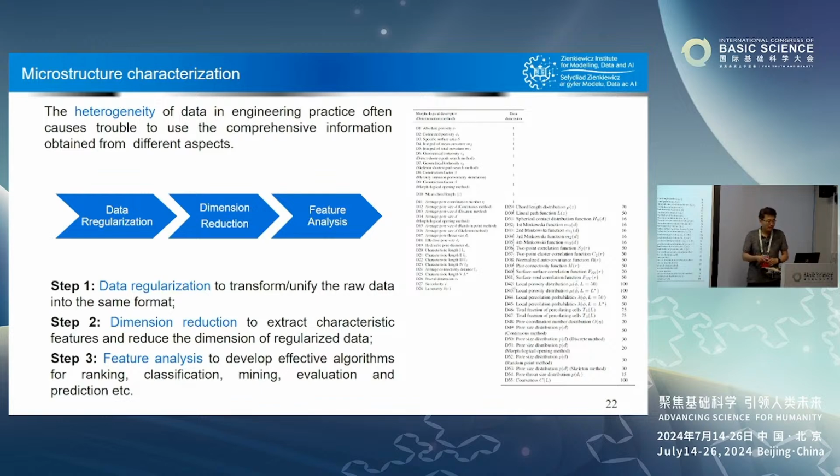When we realized this, we started to think, can we regularize the data set, meaning convert them to a uniform format? And if we manage to do so, we end up with a much larger data format, because this uniform data format has all these 150, 200 plus descriptors, which is not easy to analyze, so we use dimension reduction to make that available.